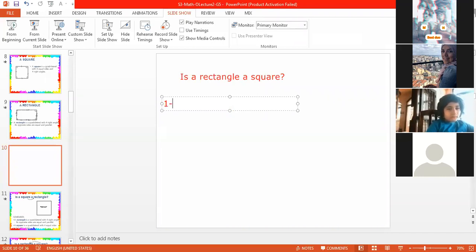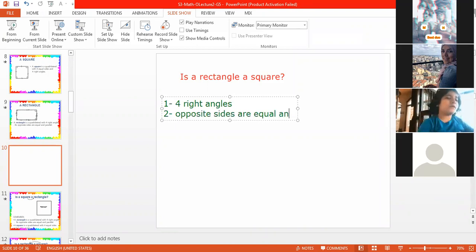Okay, so pay attention. The properties of a rectangle: 4 right angles, and opposite sides are equal and parallel.